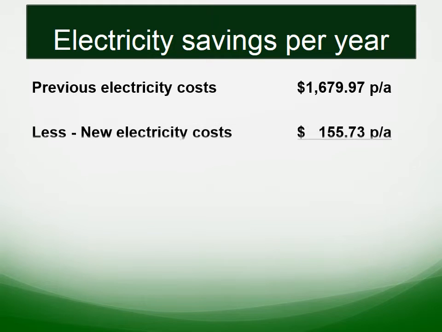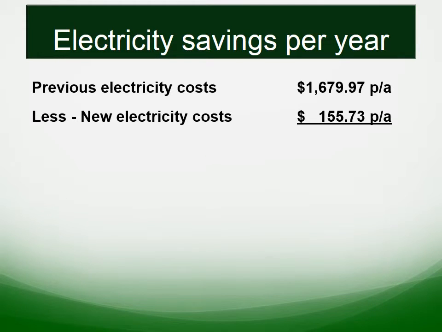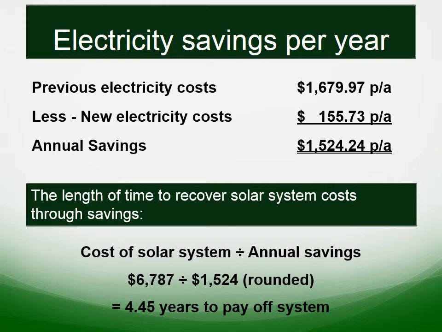We need to then take away her new electricity costs after installing the solar system, and then the difference between the two equates to the annual savings of $1,524.24. Therefore, the length of time it would take Melanie to recover the solar system cost through savings would be approximately 4.5 years. This is calculated by dividing the total cost of the solar system by the annual savings achieved.